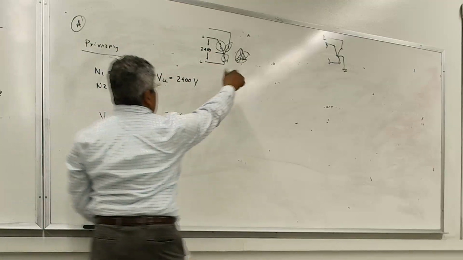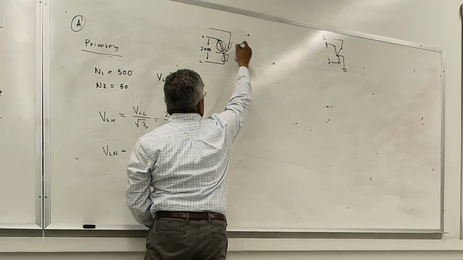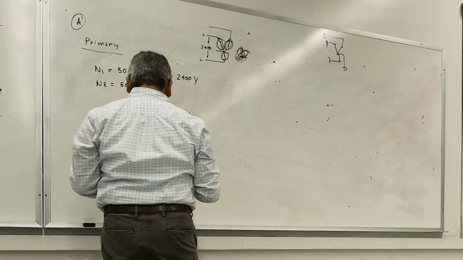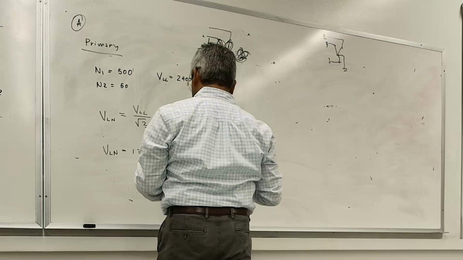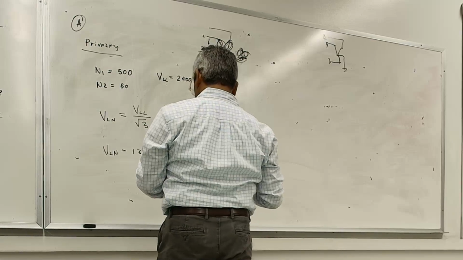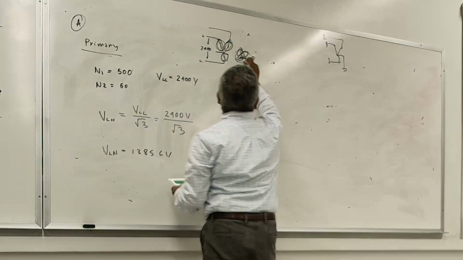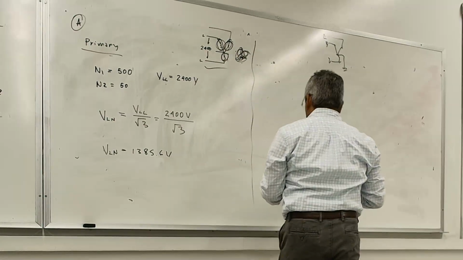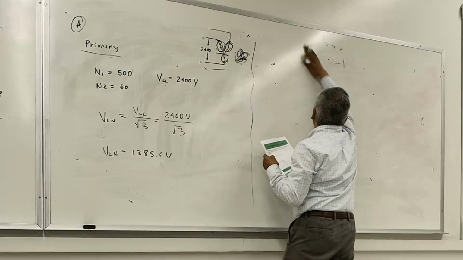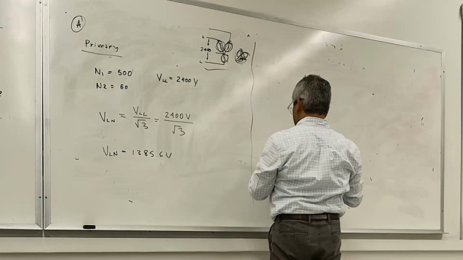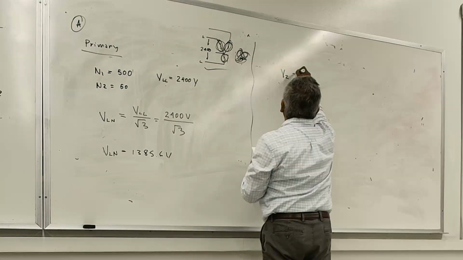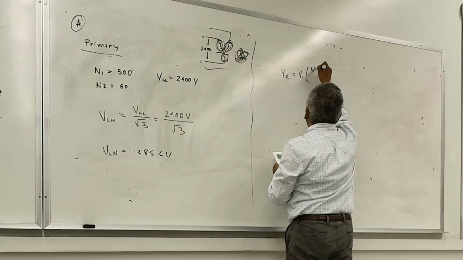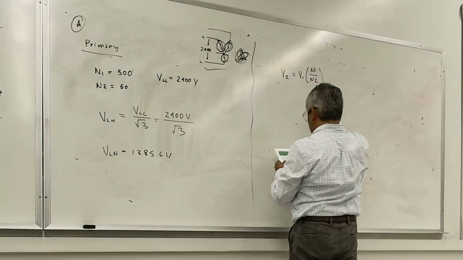I'm coupling this with this, this with this, and this with that. So then V2, on the secondary side, you have those formulas already from single-phase transformers: V2 is equal to V1 times N1 divided by N2.